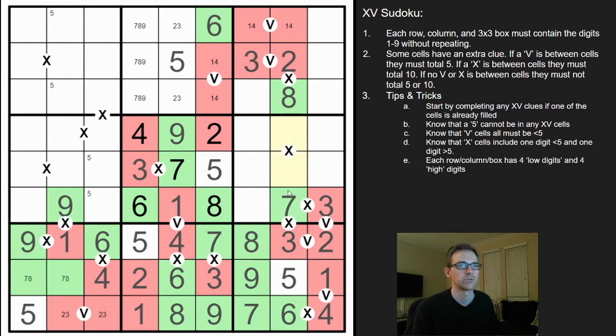So we've got the 6, 7, 8. We're missing the 9 as the high digit. So that's a 1, 9. Because of that 9, this is then a 1, 1, 9, making this a 4. That's a 1.